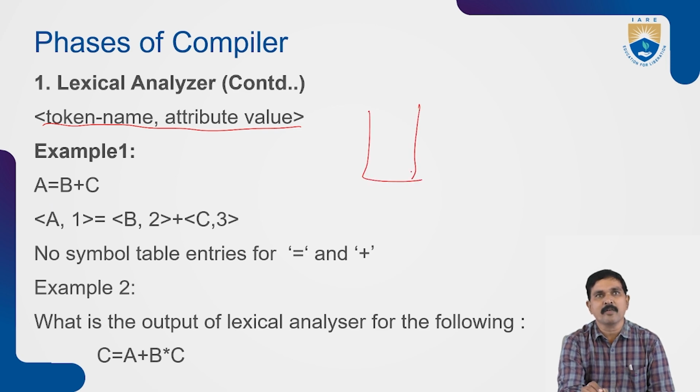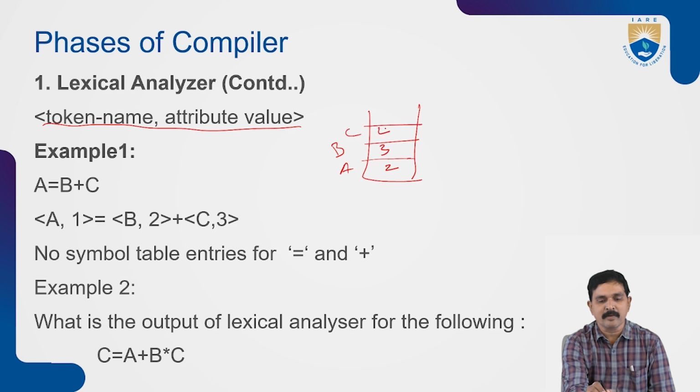I'll explain later what the symbol table is. In that we store the values. Suppose A value is 2, B value is 3, C value is 4. They are also stored. This is the first location you are assuming, this is the second location, this is the third location.